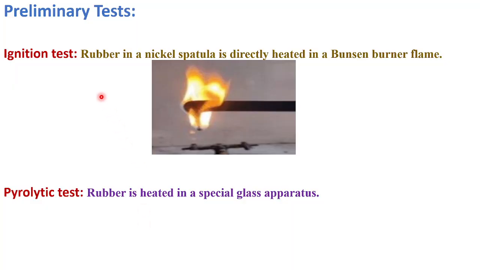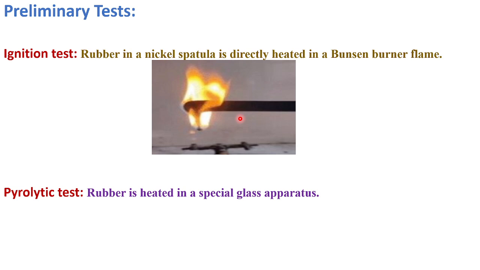In the first preliminary test, what you should do for a base rubber is the ignition test. You take a small sample from a bulk amount of rubber, hold it in a flame with a spatula, and see what is happening. Based on your base polymer, there may be smoke, there may be different smells, and there may be variation in the intensity of the smoke.